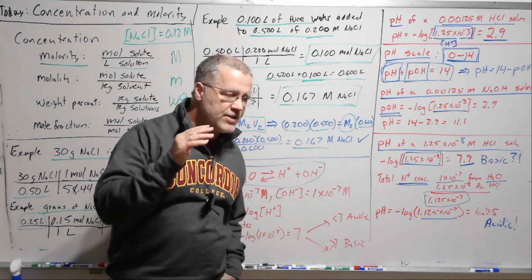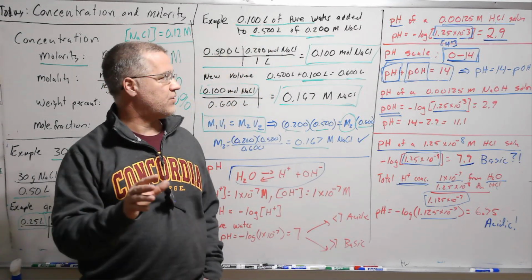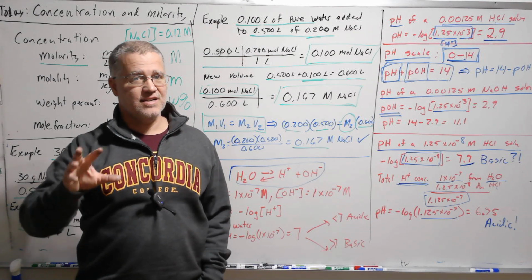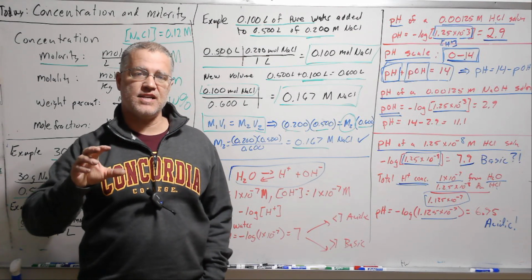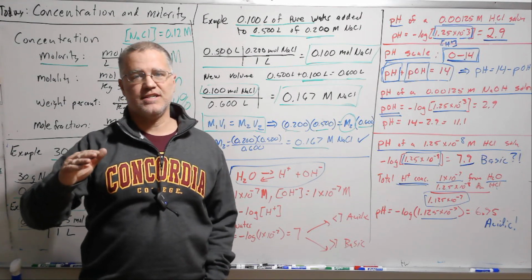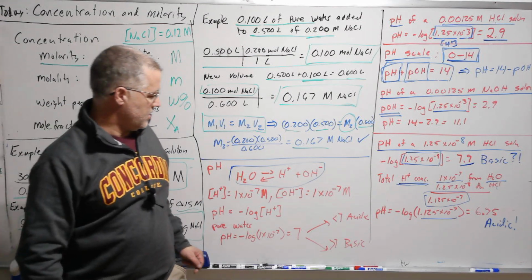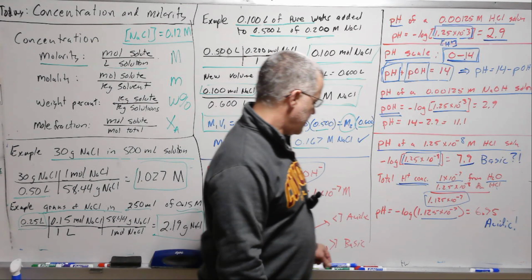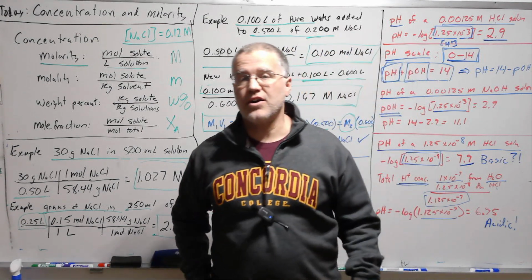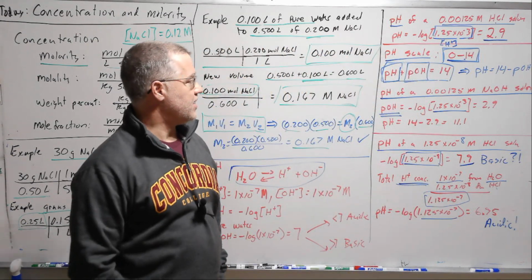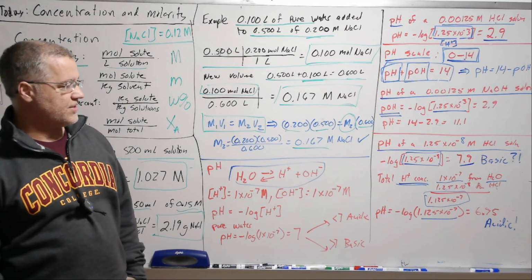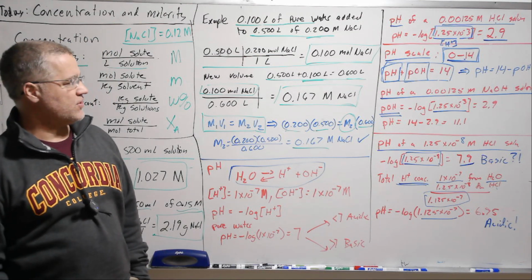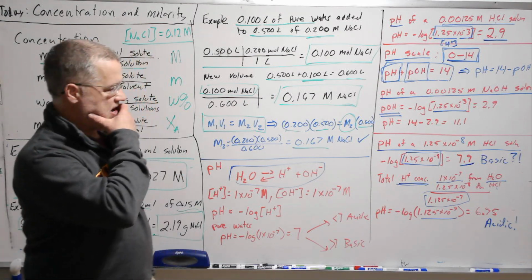So if we're getting down to 10 to the minus 5, we're probably still okay. 10 to the minus 6, then we have to worry about adding in the 1 times 10 to the minus 7 for the water. Certainly if we get to minus 7, minus 8, minus 9, minus 10, anything below water, then we have to just use water. If we get to like 1 times 10 to the minus 10 or 10 to the minus 12, then water dominates and we would just get a pH of 7. So we'll cap out at a pH of 7 there.